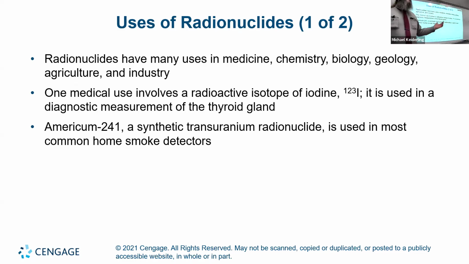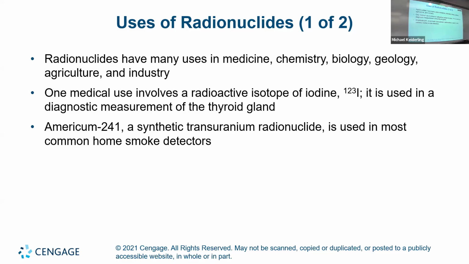Now, radionuclides are actually quite useful. We use them all the time. They have many uses in medicine, chemistry, biology, geology, agriculture, and industry. Medical uses involve the fact that since they emit radiation, if you inject them into your body, they basically make the areas that they enter glow.